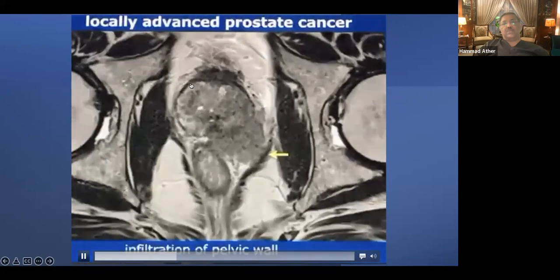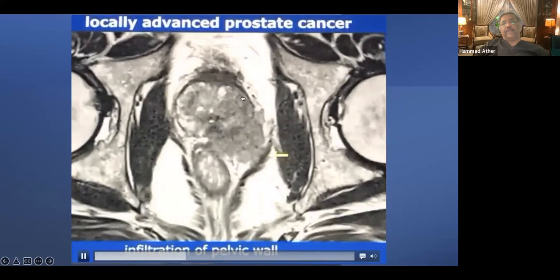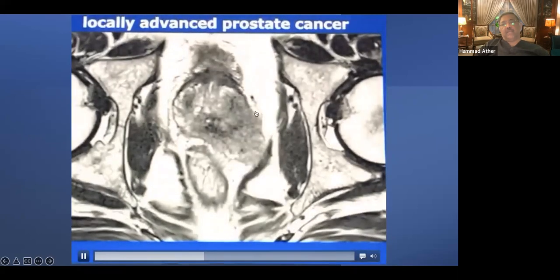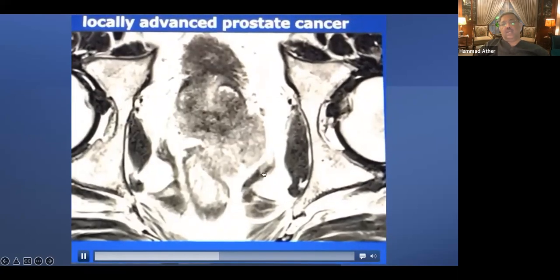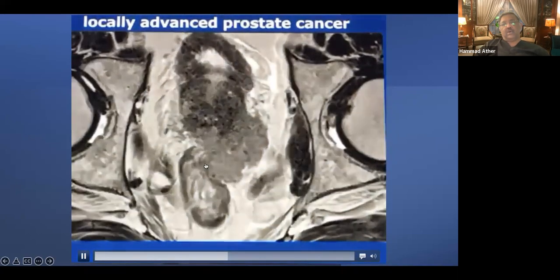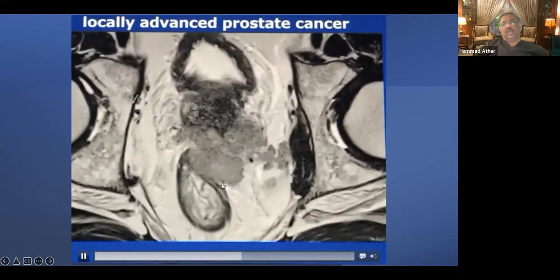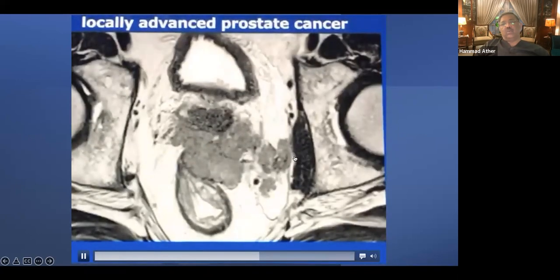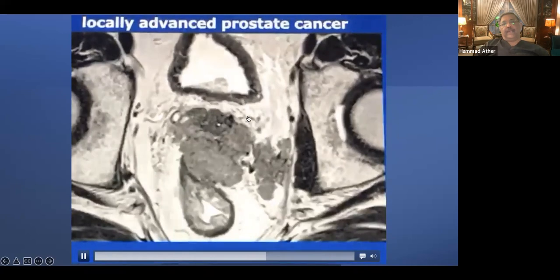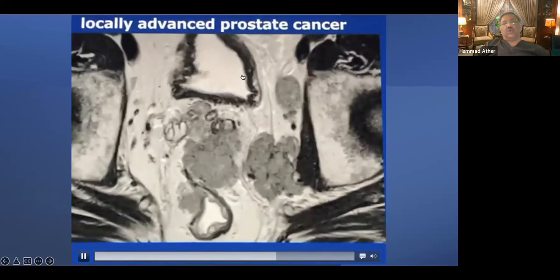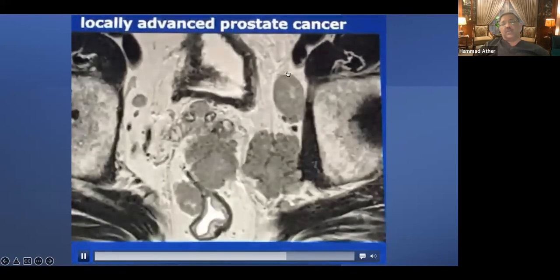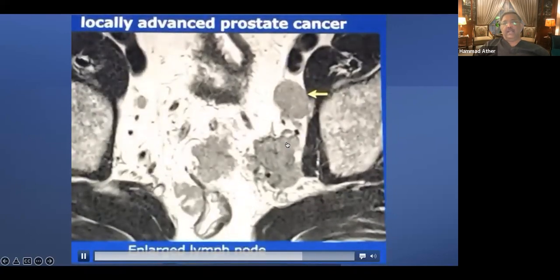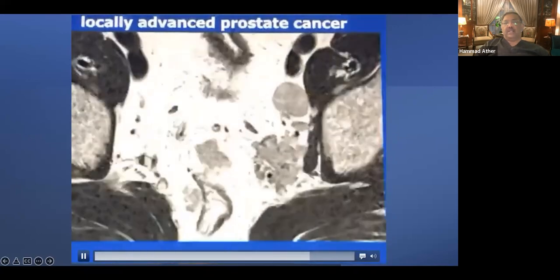You can see the capsule of the prostate here, whereas on the left side, it is a big extension into, and as Dr. Basit explained, going all the way into the mesorectum, up to the anterior rectal wall. It is going into the pelvic side wall. There are large lymph nodes as well, which have very similar intensity, as Dr. Basit explained, with the primary cancer.